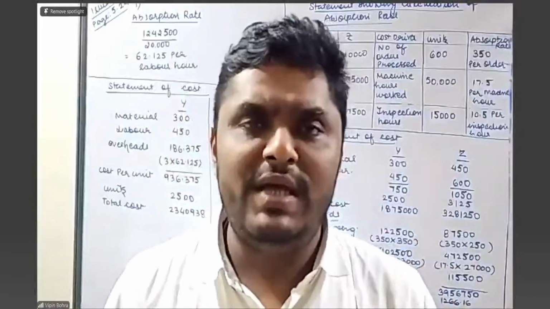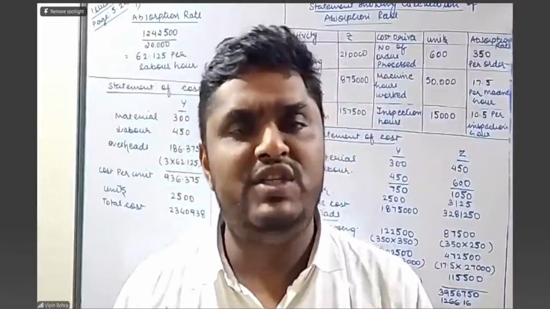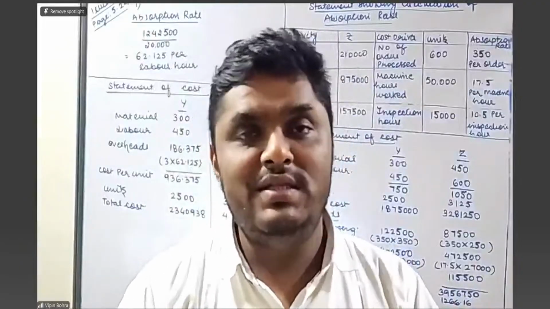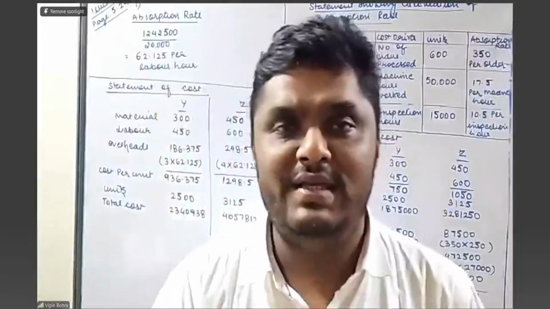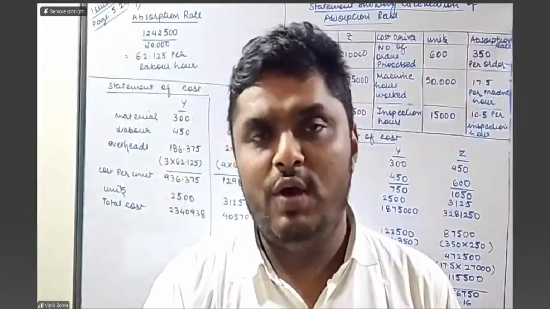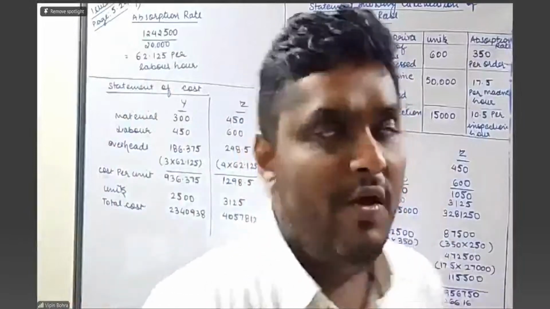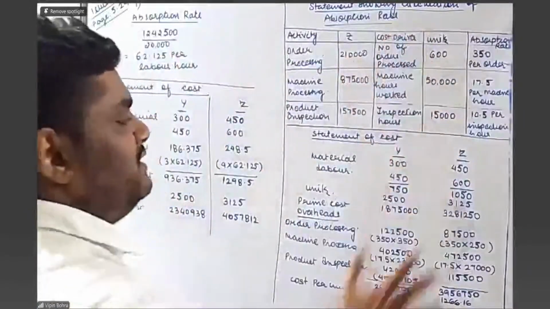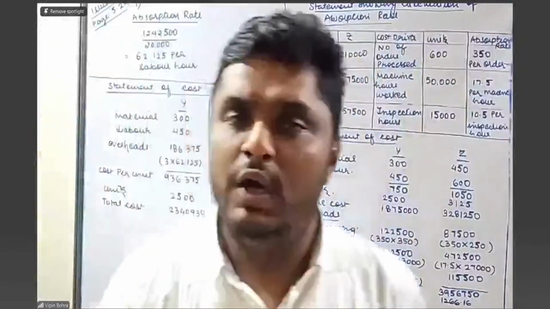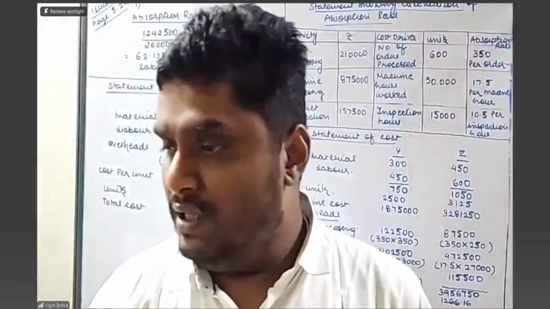Once you are thorough with the chapter, when you have solved 15 to 20 questions on activity-based costing, then you can try to twist the things. So as of now, a suggestion from my side, just go straight, focus on concepts, stick to the concepts, follow the pattern. Absorption rate, statement of cost. Absorption rate, statement of cost. This is what we are going to do in this chapter in the coming session also.